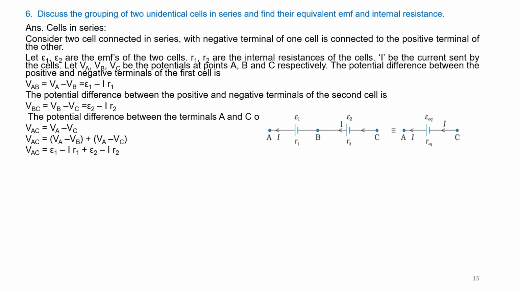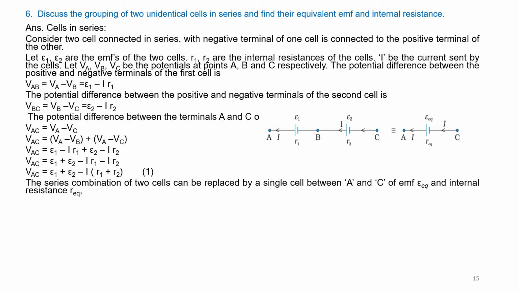Therefore, VAC is equal to E1 minus I R1 plus E2 minus I R2. VAC is equal to E1 plus E2 minus I R1 minus I R2. Simplifying, we get VAC is equal to E1 plus E2 minus I of R1 plus R2.